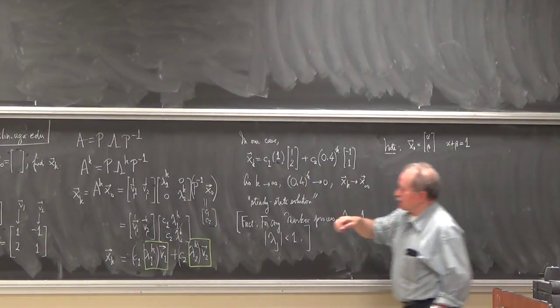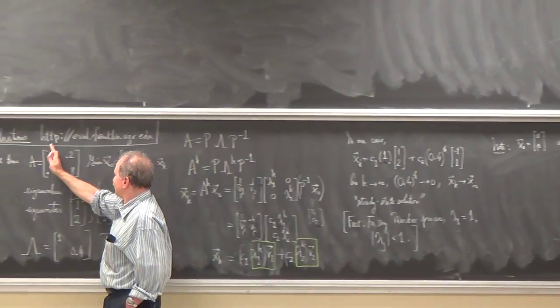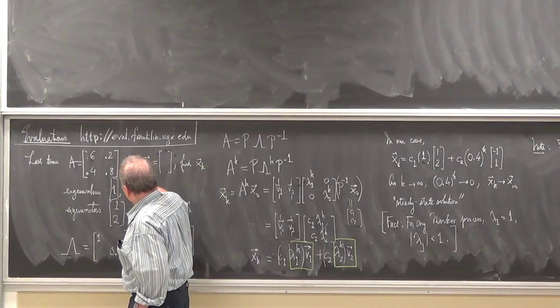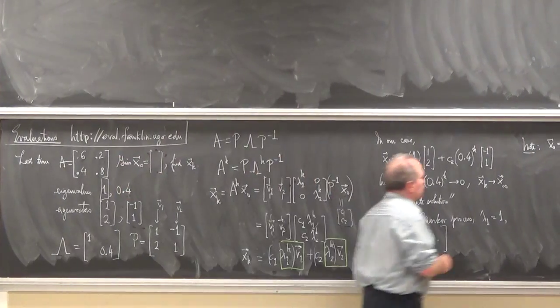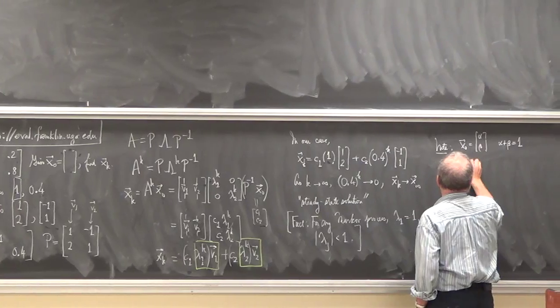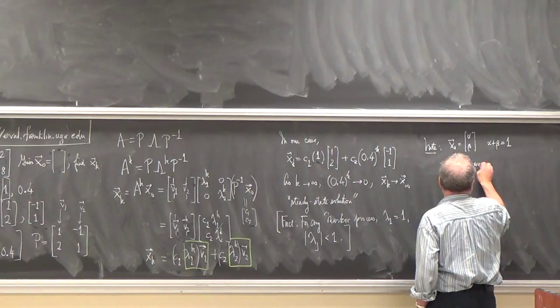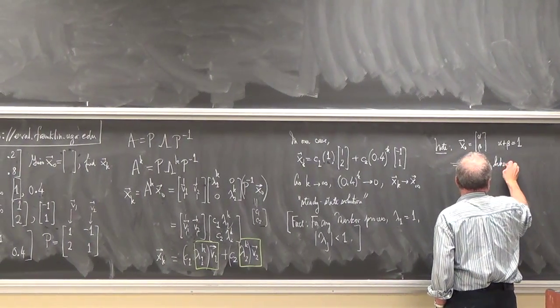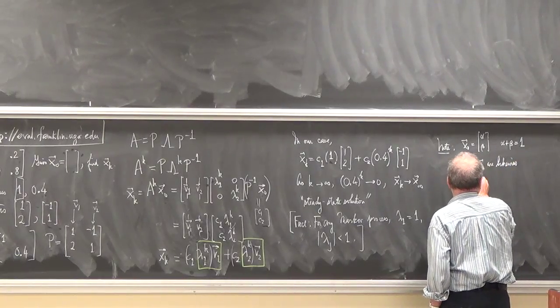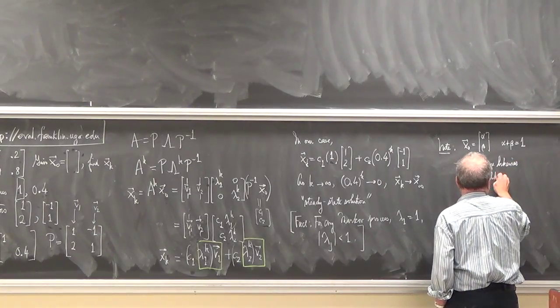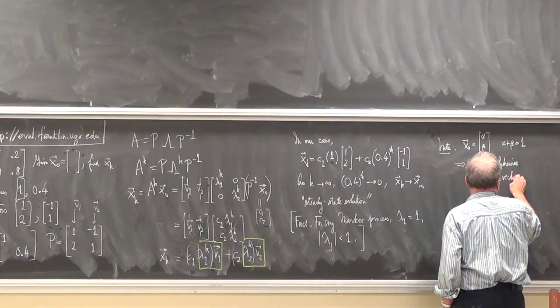And because the columns add up to 1, if you multiply by a probability vector, you will always get a probability vector. All xk's are likewise probability vectors. So the C1 doesn't really matter.